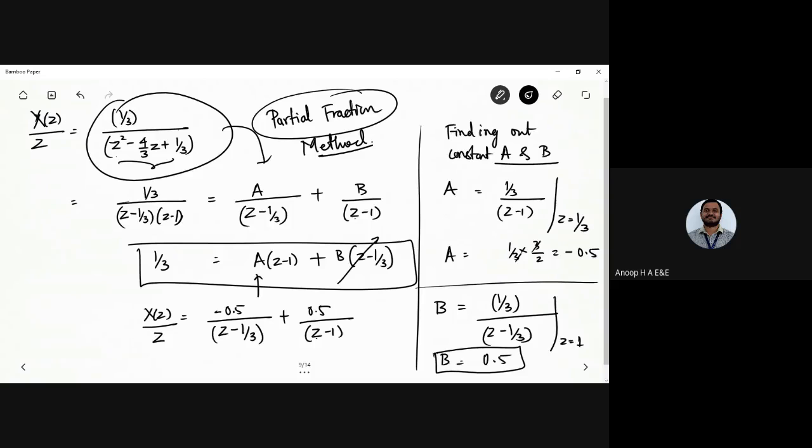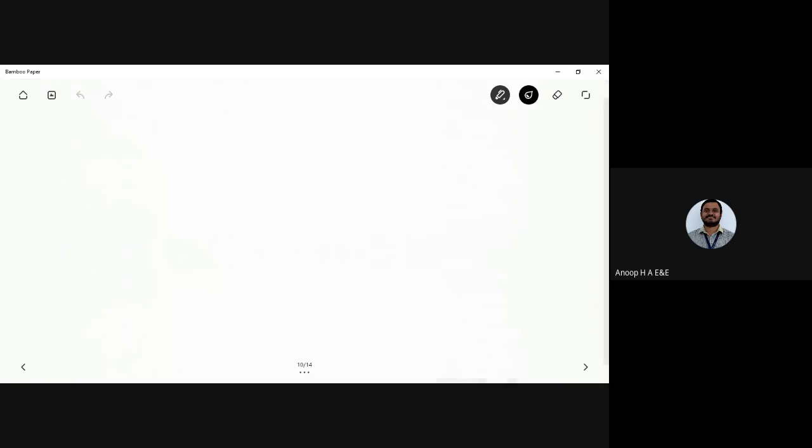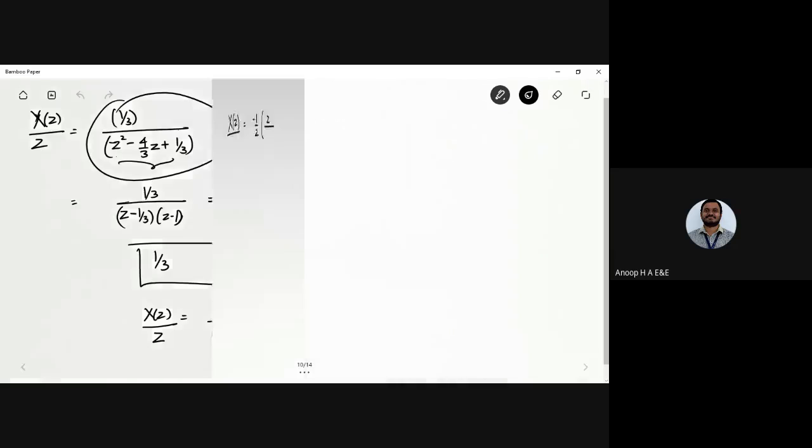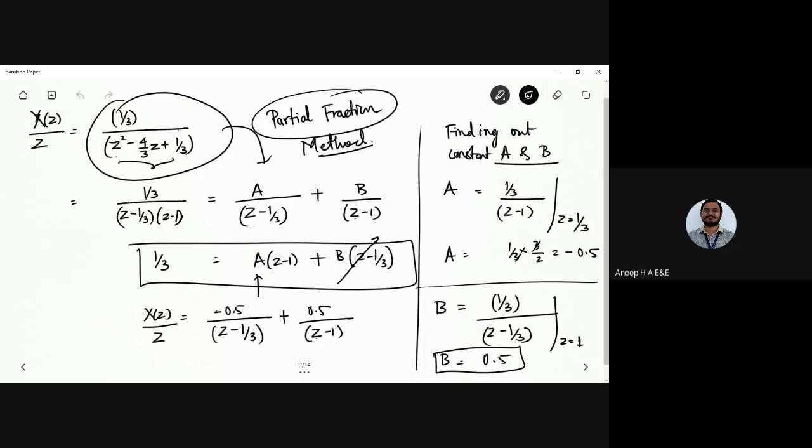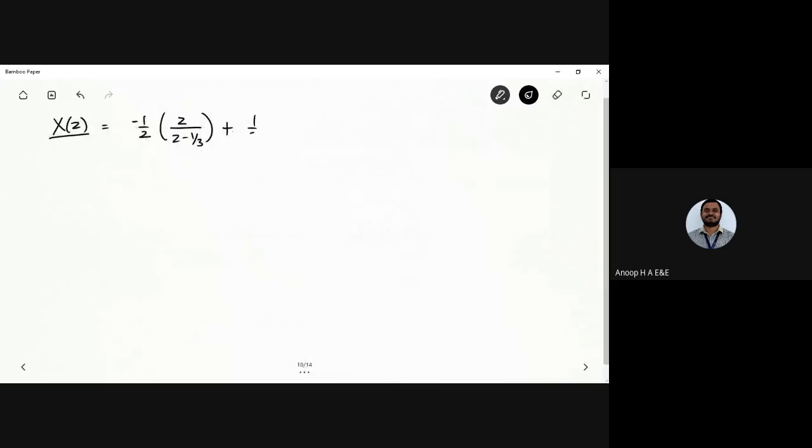So X of z would be equal to minus 1 by 2 z divided by z minus 1 by 3 plus 1 by 2 z divided by z minus 1.